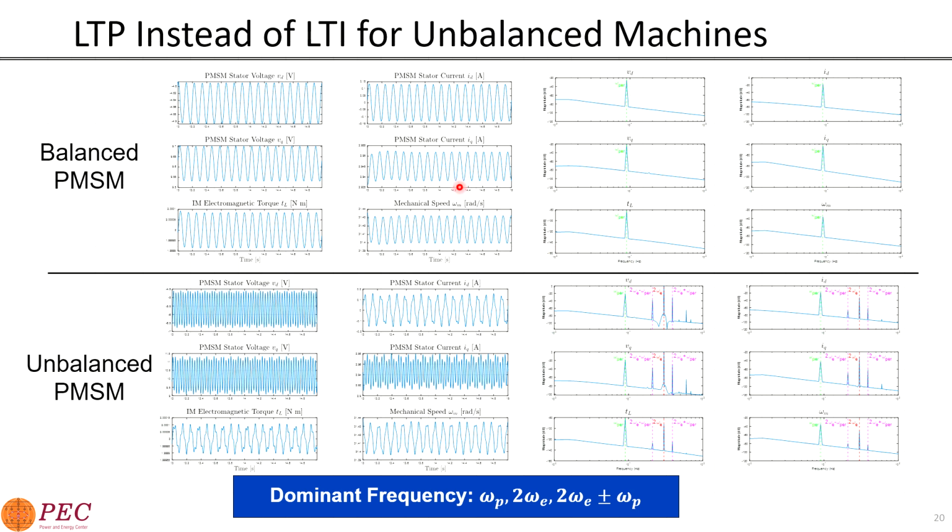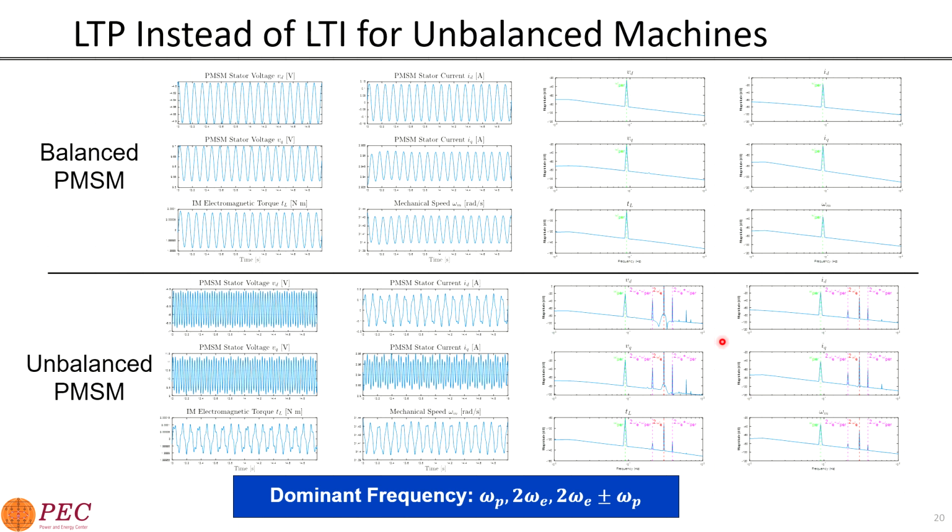For example, for a balanced machine, when we perturb one of the model inputs at a single frequency, in the frequency spectrum of all of the state variables and model inputs, the dominant component is at the same frequency. So the LTI system assumption is met. But for unbalanced cases, we could see not only the perturbing frequency components, but also 3 more dominant components.